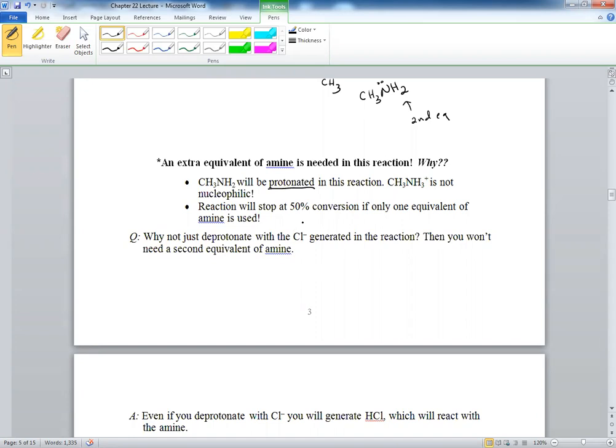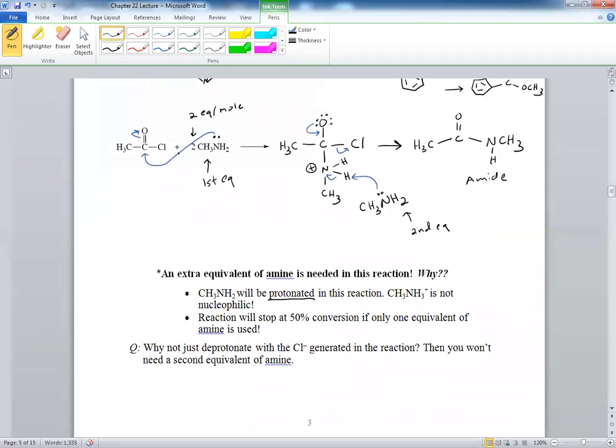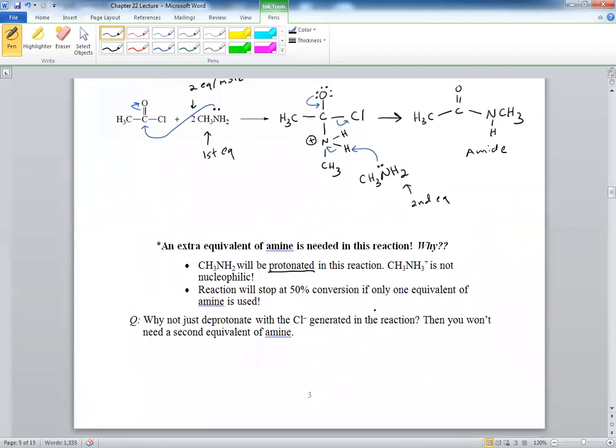And as we said, also this was in chapter 21, the reaction will stop at 50% conversion if only one equivalent of the amine is used. So we needed again to attack as a nucleophile and to deprotonate the other or the added amine group. And again, we need to aim at more than 50% conversion.